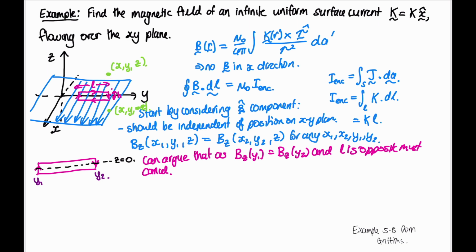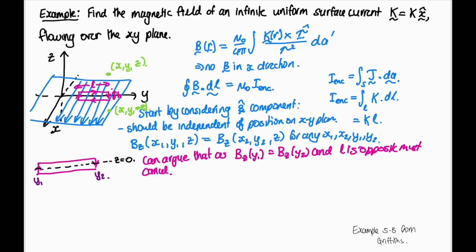For this point up here, the r vector is this way, and for the point down here, the r vector is downwards like this. So this tells us that because the r vectors are in opposite directions, but this is in the same direction, the magnetic field must be in opposite directions at these two points.